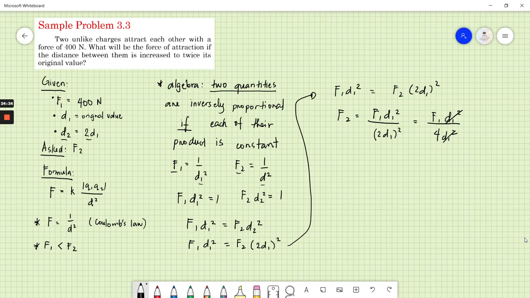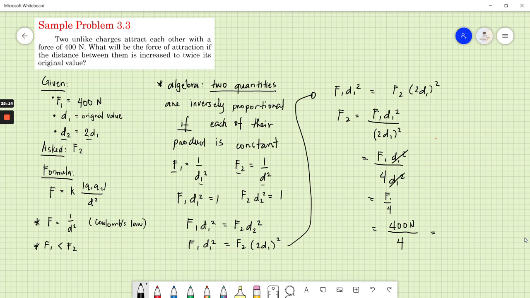We can cancel the d1 squared, and F2 is equal to F1 over 4. With the value of F1 being 400 newtons, we divide by 4.